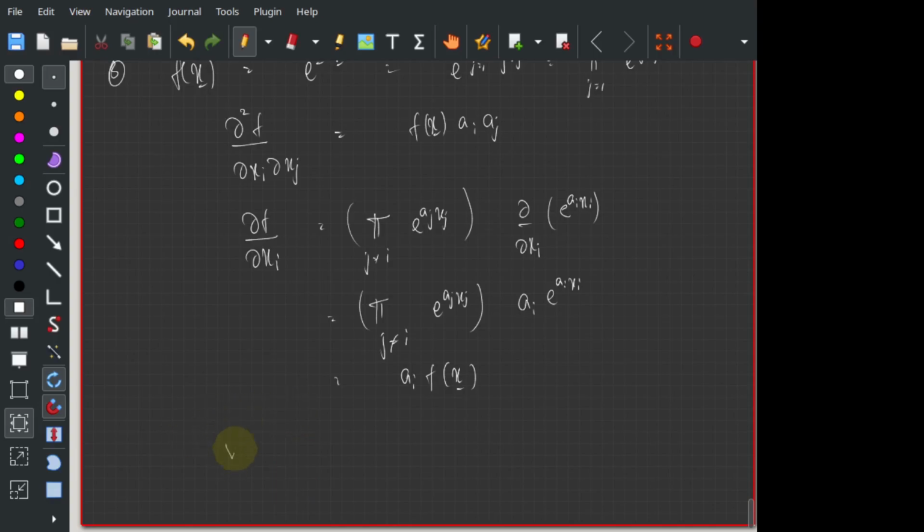Okay, so what is the ijth entry of the Hessian matrix? Just ai aj times f of x, right?